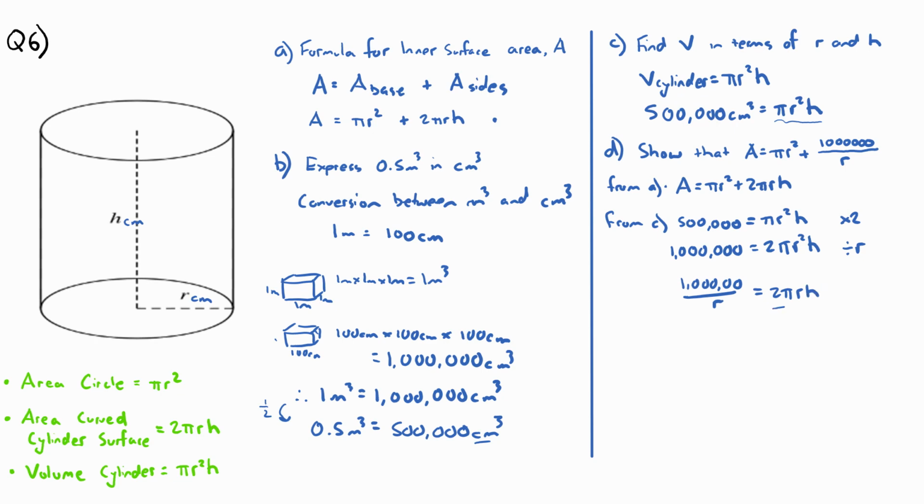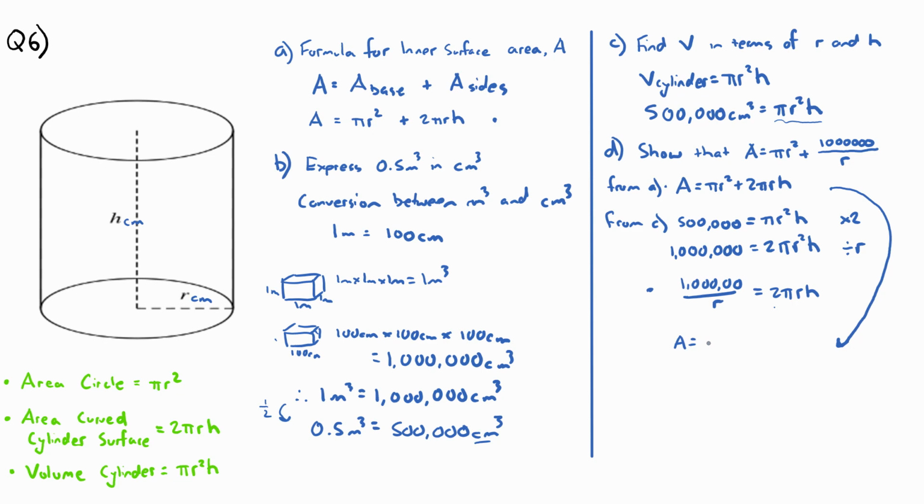I don't need to do a division of r on the right hand side, because this r squared just becomes r to the power of 1, because r squared on r just becomes r. Okay, so just to pause now, we have this expression here that 1 million over r is equal to 2 pi r h.